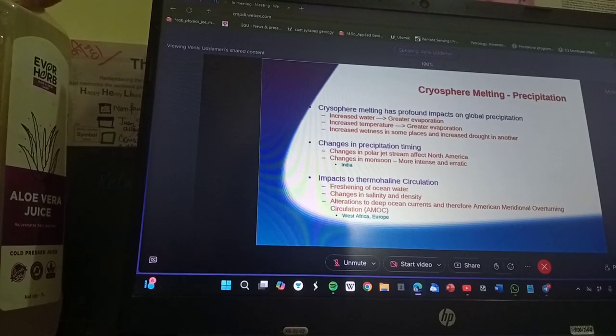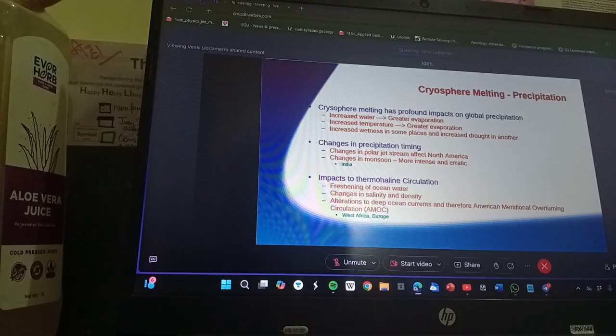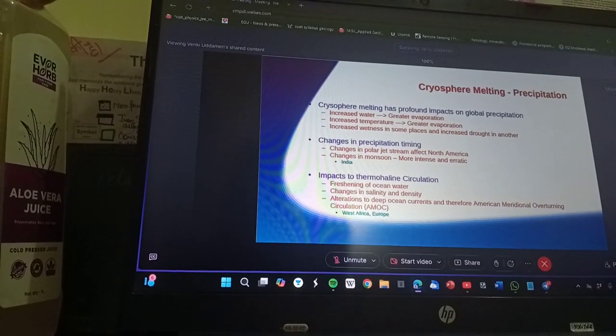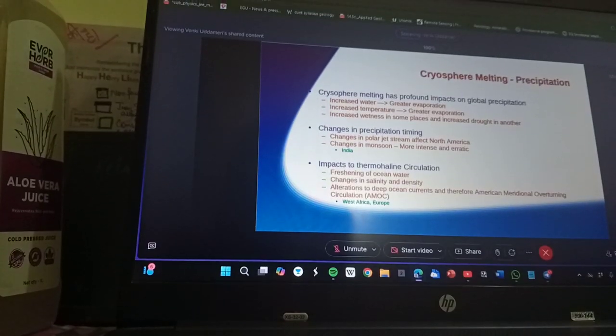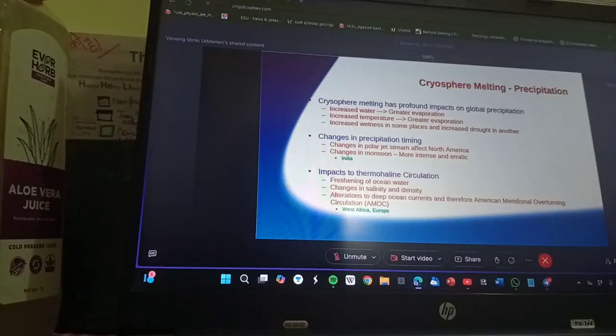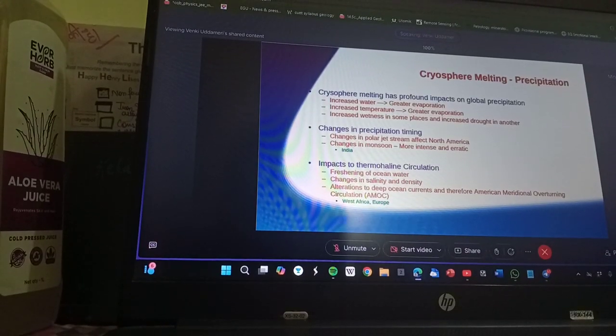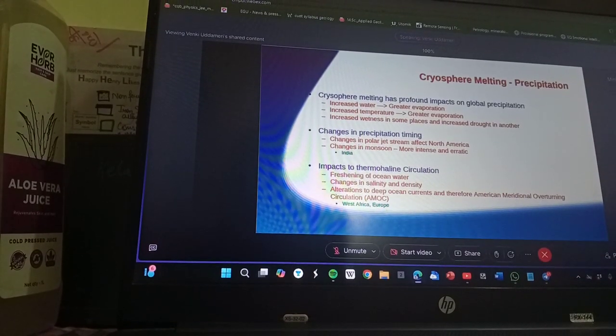The other aspect where cryosphere melting has importance is as these glaciers melt, they cause freshening of ocean water, which means they reduce their salinity and reduce their density.